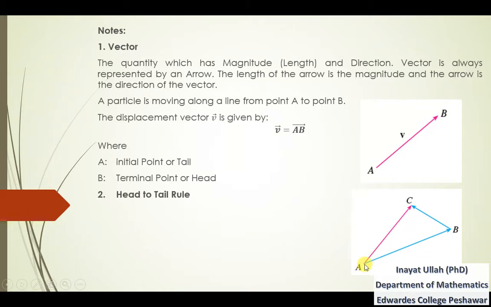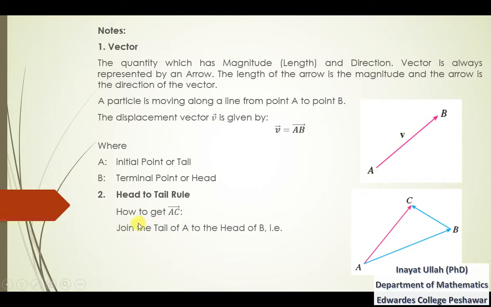But there are hurdles in this area, and there is a route from point A to point B, and then from point B to point C. So if you want to get AC, first of all you need to go from point A towards point B, then from point B towards point C. So you see that this AC vector has its tail on point A, and its head at C.